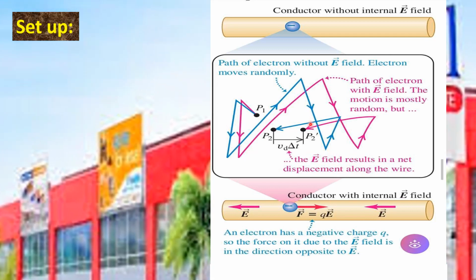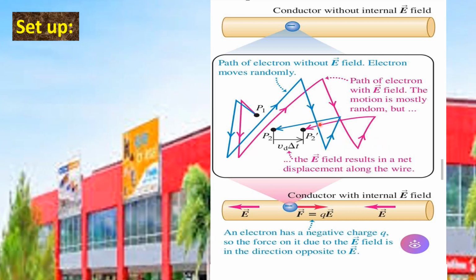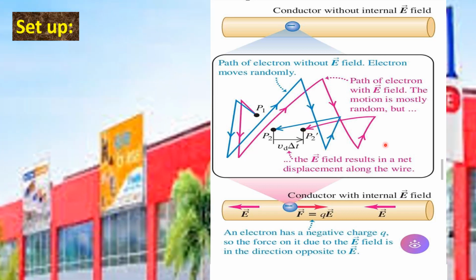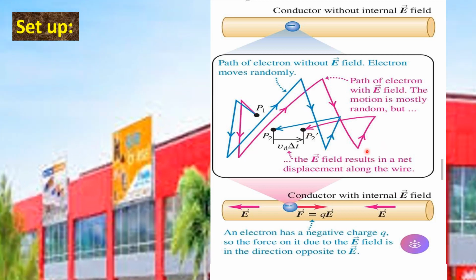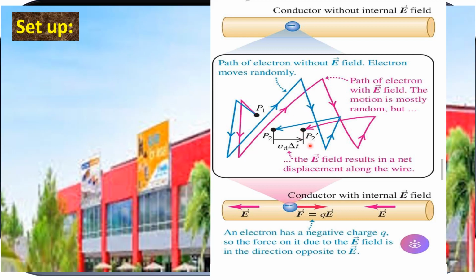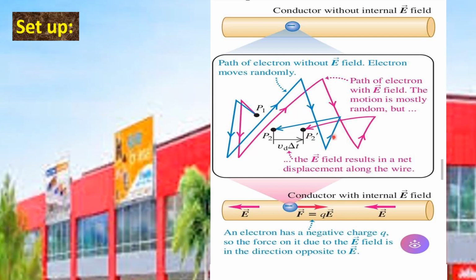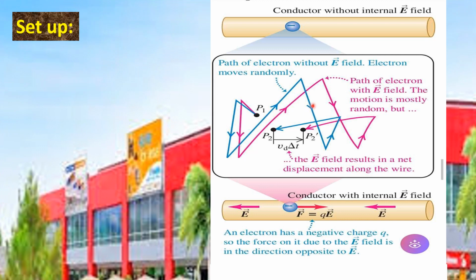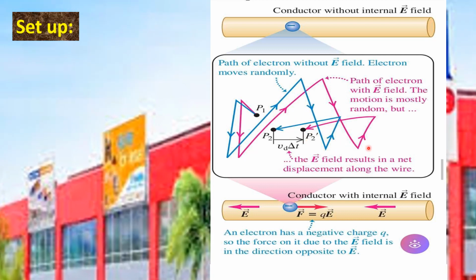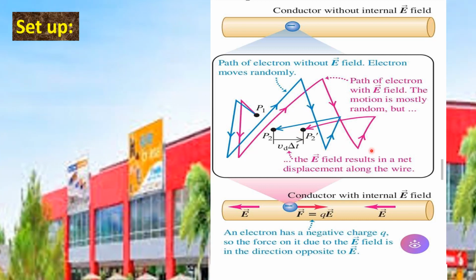So this is how we imagine electrons as they move through a conducting wire that has an electric field. It results in what we call drift velocity of the electrons, which I'm sure you recall from our past lesson or past video on current density and drift velocity.